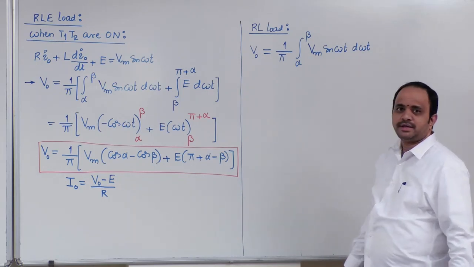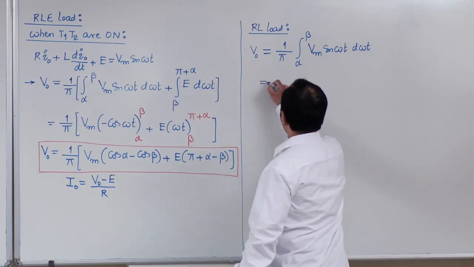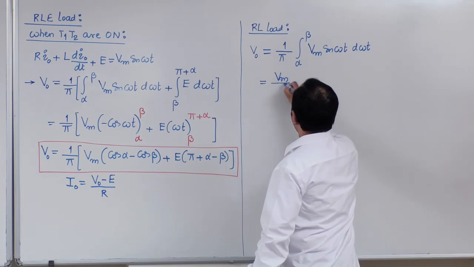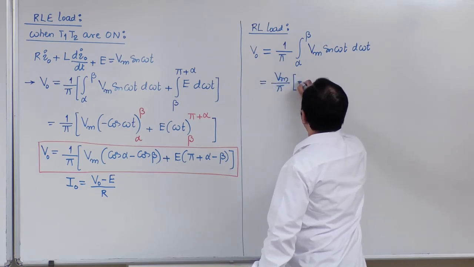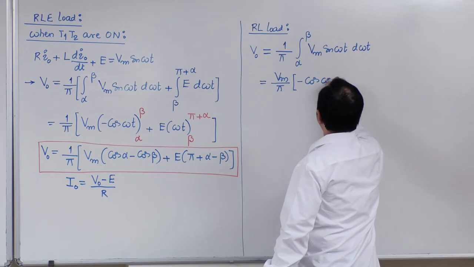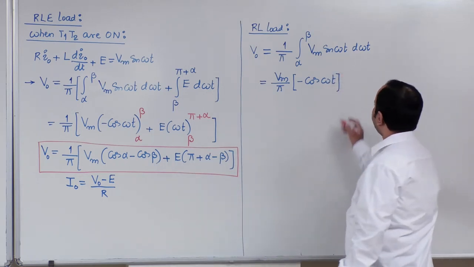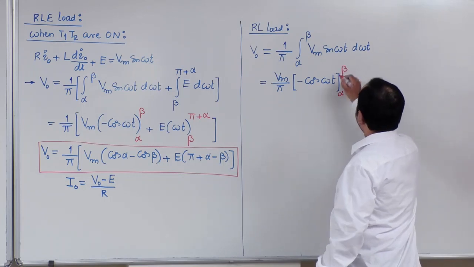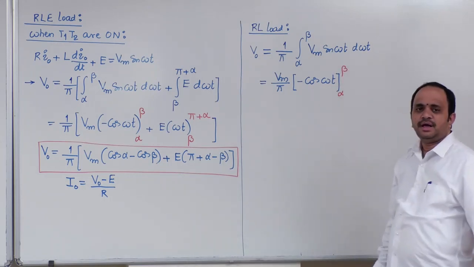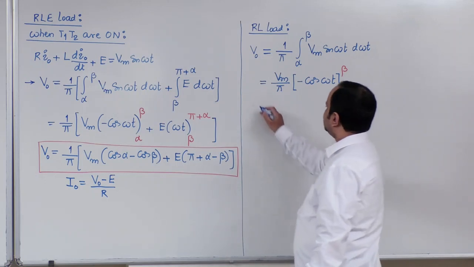Therefore, Vm by pi, integration of sin omega t is minus cos omega t, and limits are from alpha to beta.